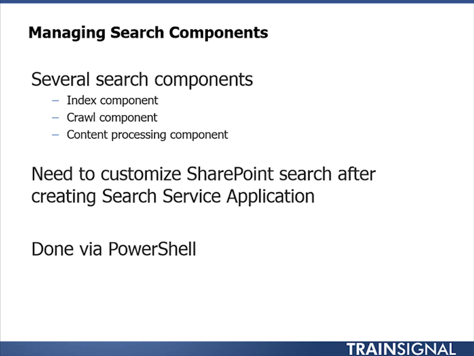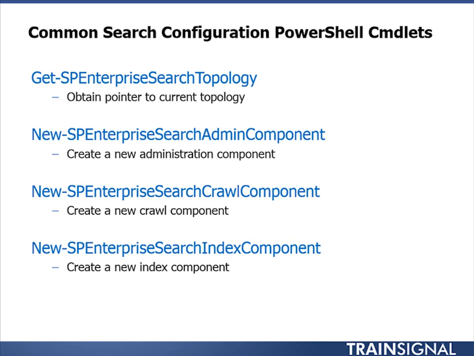There is really no UI for going in and setting up all the different components inside of SharePoint Search. The only way that you're going to be able to do this is by utilizing PowerShell. The nice part is that we do have a full suite of PowerShell commandlets available to us.